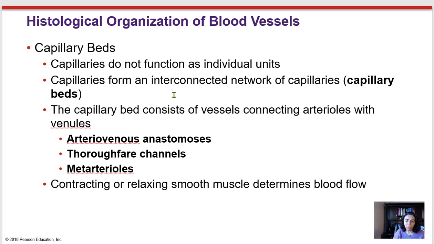Capillaries form an interconnected network, as we said, and the capillary bed consists of vessels connecting arterioles with venules, as I mentioned. Now we have some structures in the organization of the capillary bed that make all these able to connect to each other so that the exchange of the material is done properly.